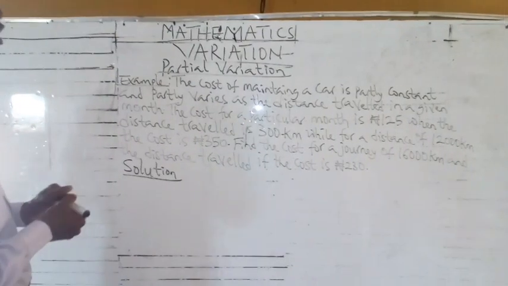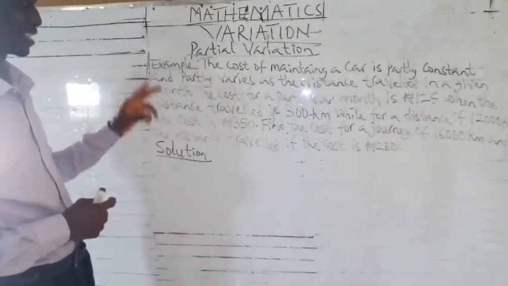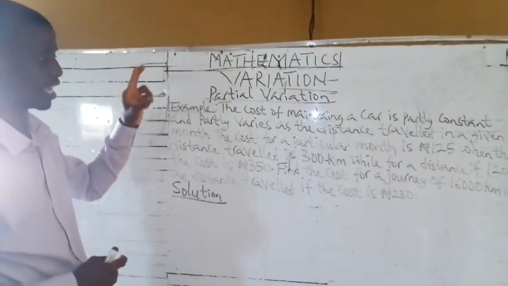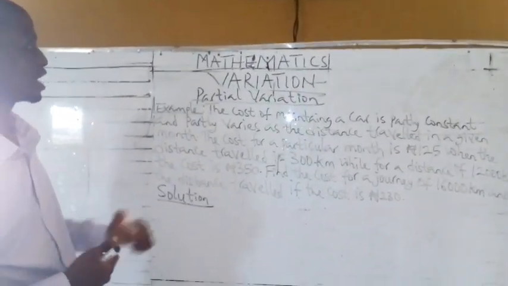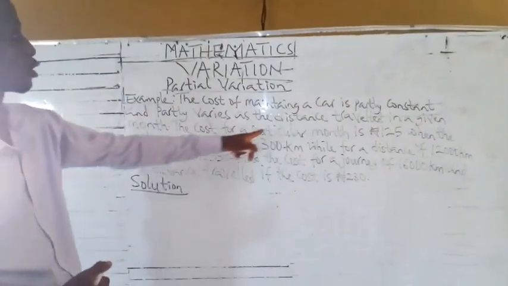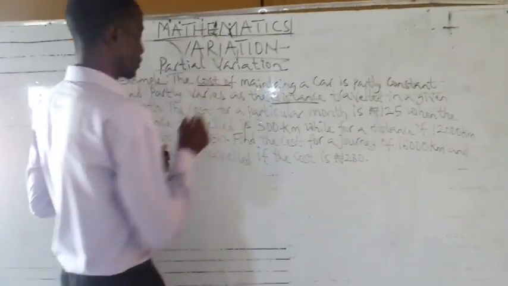From the definition under partial variation I gave, I said when you are solving a problem under partial variation, there must be 2 constants introduced to solve it simultaneously. Now if you look at this, we are looking at the cost of maintaining a car, and also we are talking about the distance. These are the 2 variables.